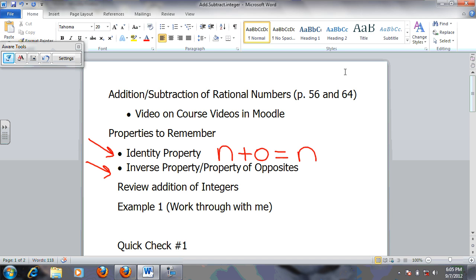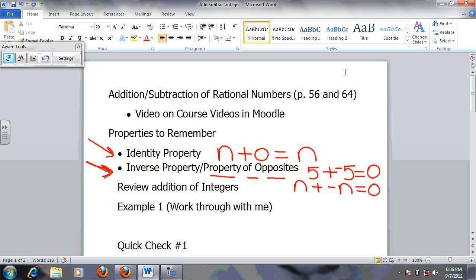The inverse property, you might have known it as the property of opposites, states that a number, 5, plus the opposite of that number, the opposite of 5, will always equal 0. So a number plus the opposite of that number will always be 0.